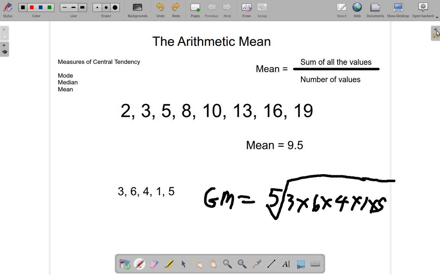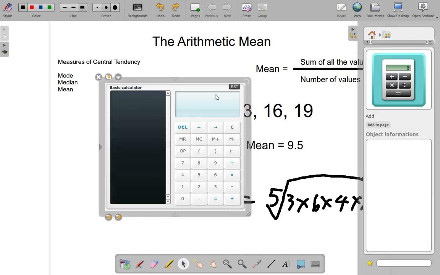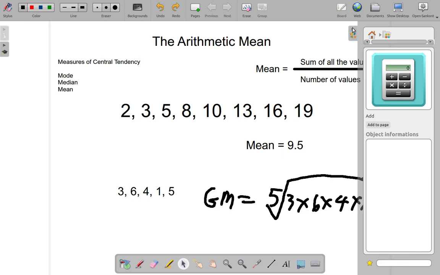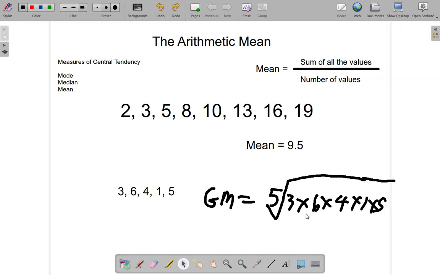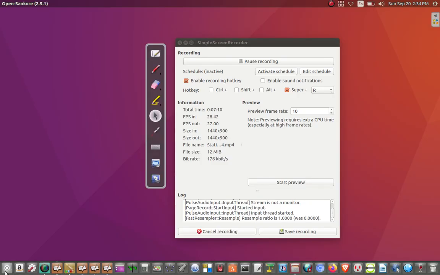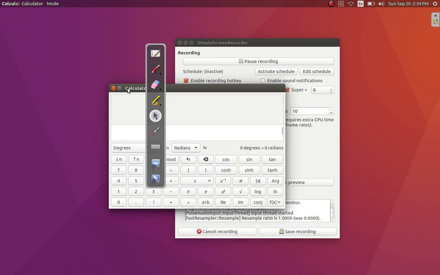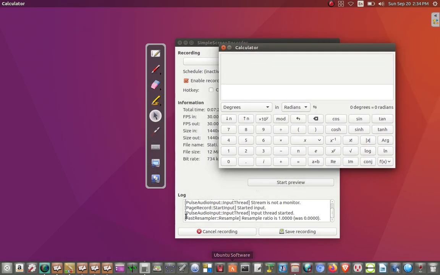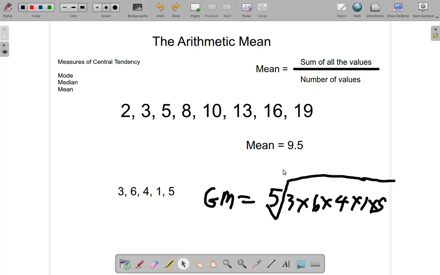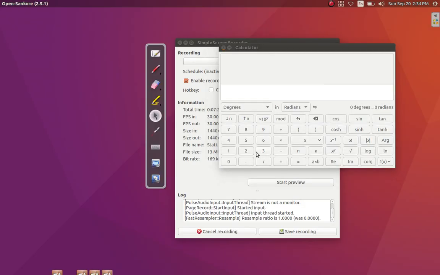Can we work this out? My calculator here doesn't have the features that can give you a fifth root. So let's use another calculator. 3, 6, 4, 1, 5. Let me try and remember. 3 by 6 by 4 by 1 by 5 with my calculator now. Let me put this in advanced mode. What were the numbers again? 3, 6, 4, 1, 5. So it's 3 by 6 by 4 by 1 by 5 equals 360.